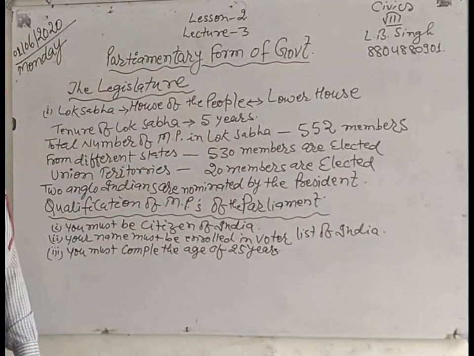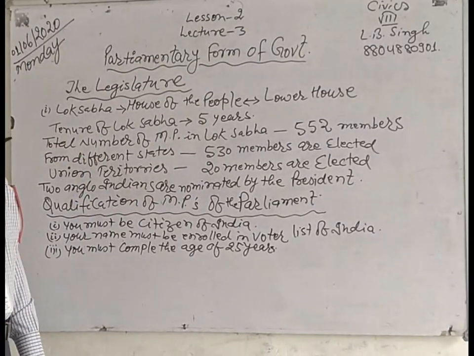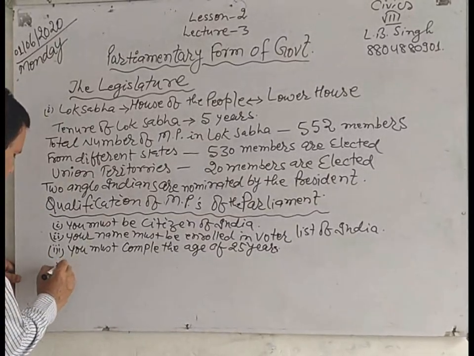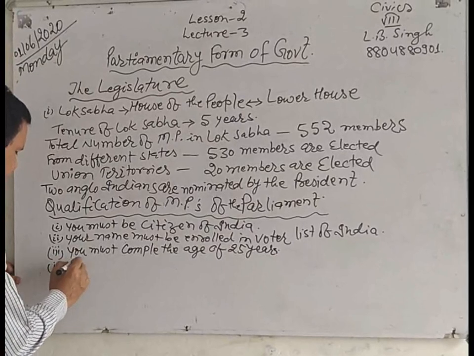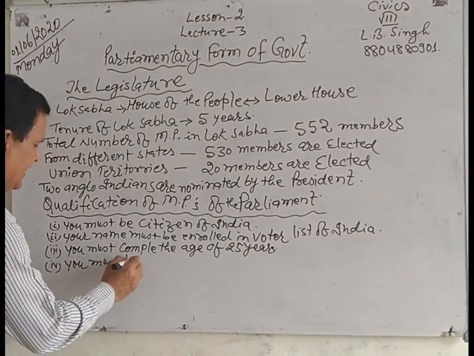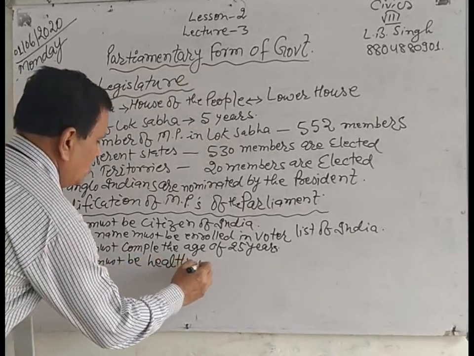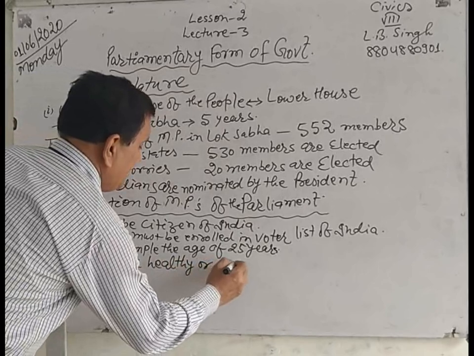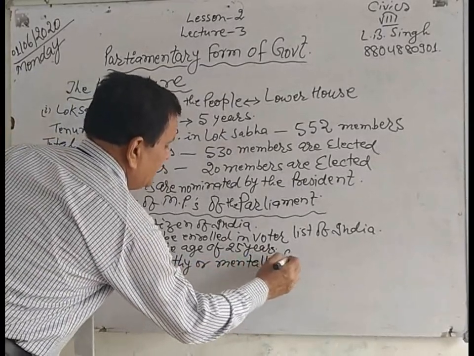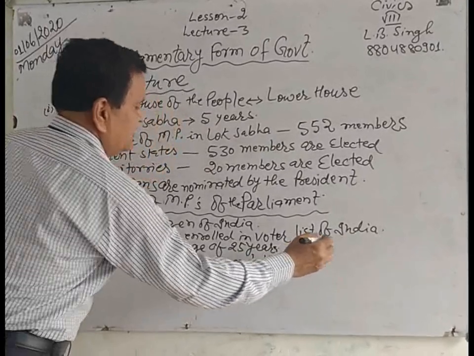If your age is less than 25 years, you cannot fight the election of parliament. Number four is that you must be healthy or mentally fit. Mentally fit, not mad.